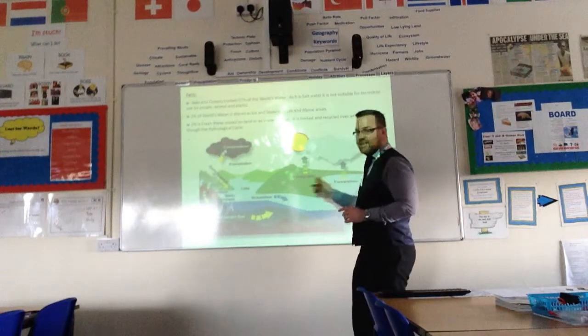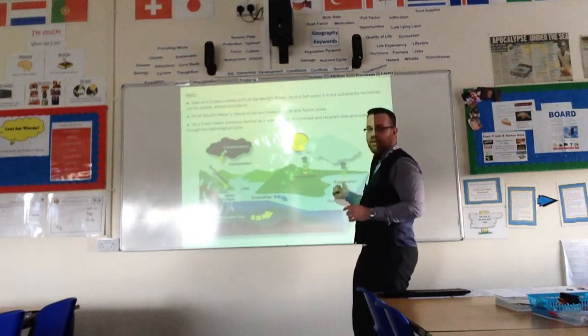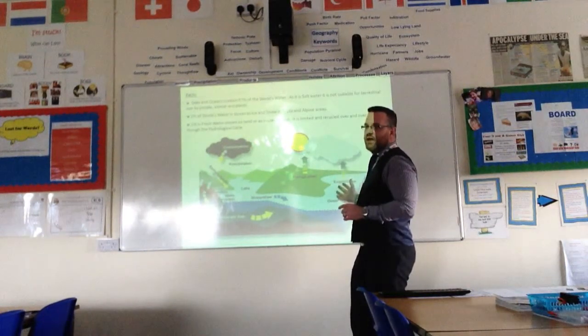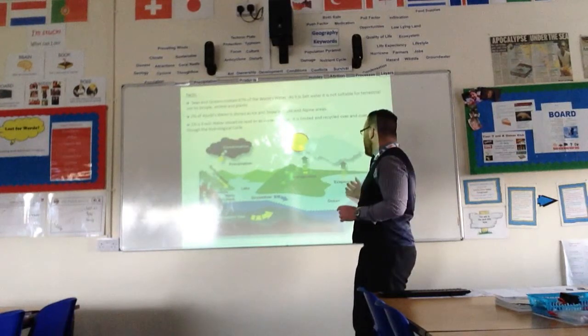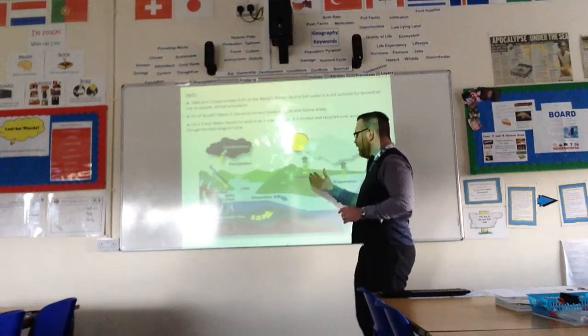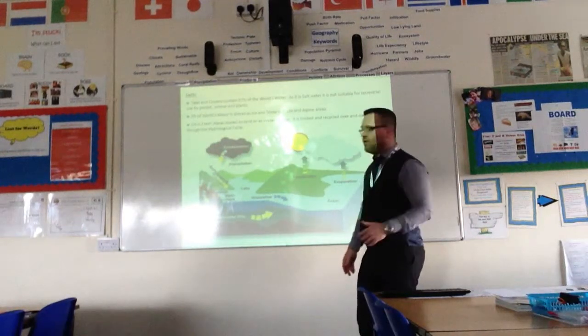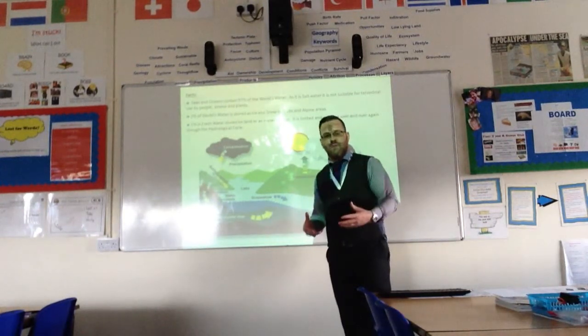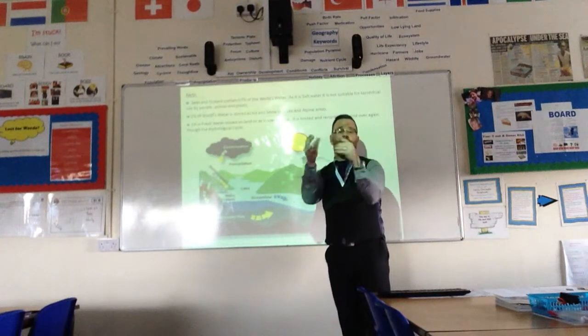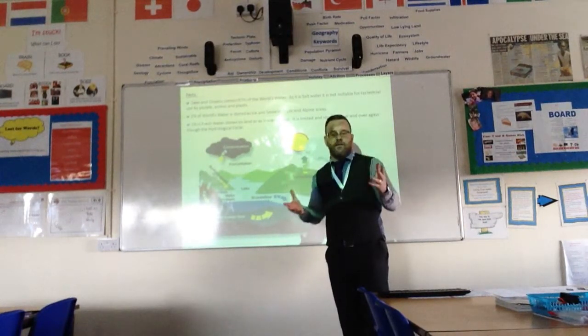So water enters the cycle through two processes: evaporation, where water leaves seas or lakes or rivers and rises up into the atmosphere, or transpiration, where it leaves trees or vegetation. You can combine those two to create evapotranspiration, a longer word, all right? And so if the question is, what is evapotranspiration?